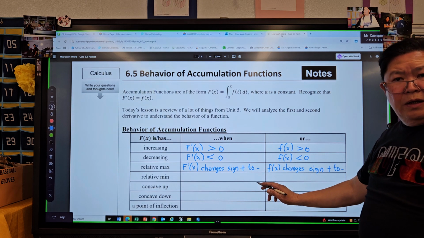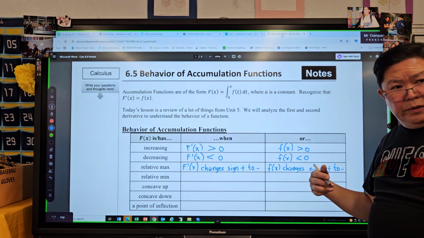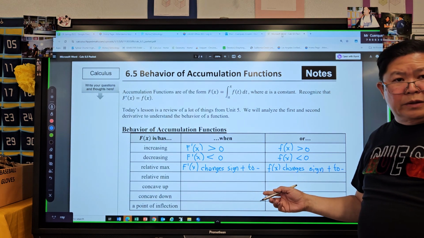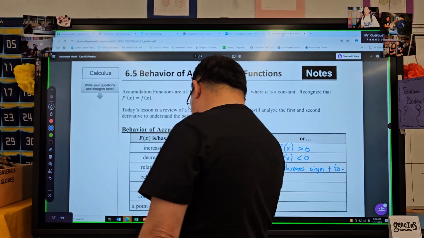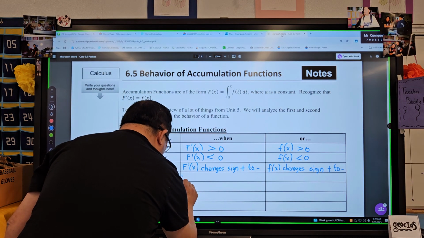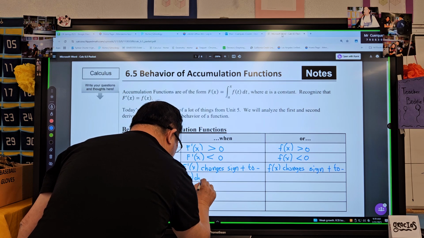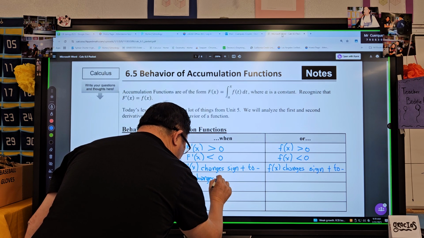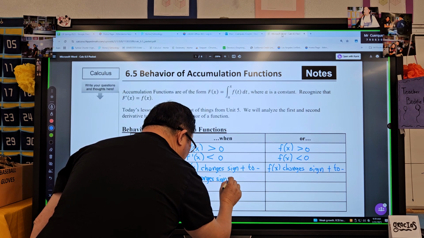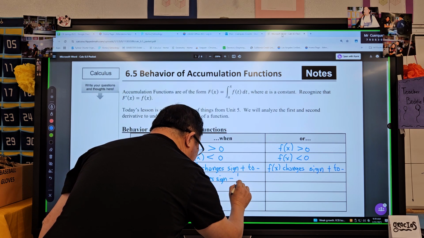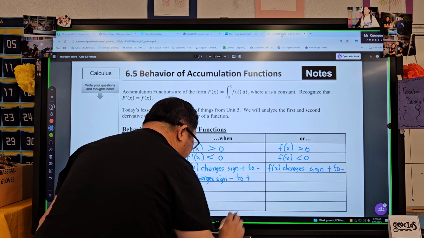Changes sign from negative. So we do the opposite, from negative to positive. So F prime of x changes sign negative to positive.